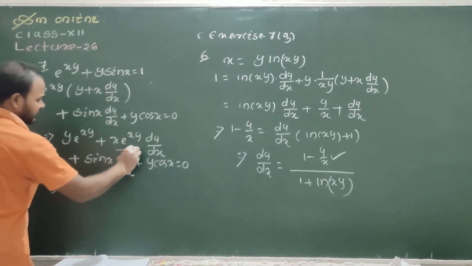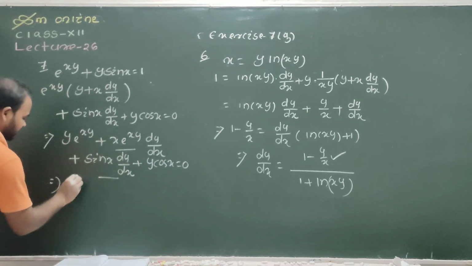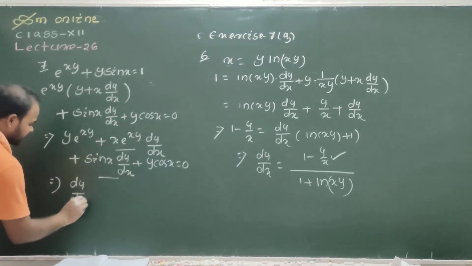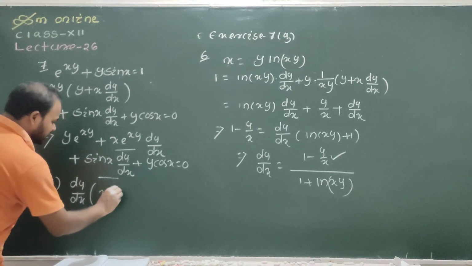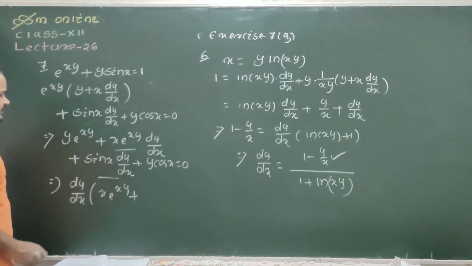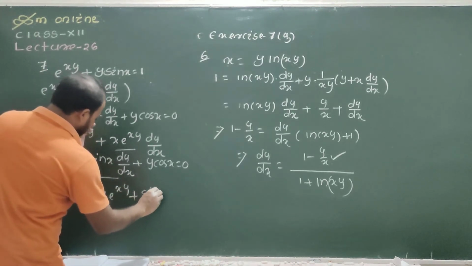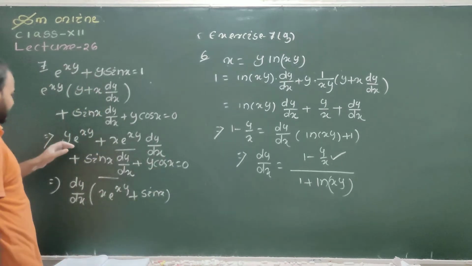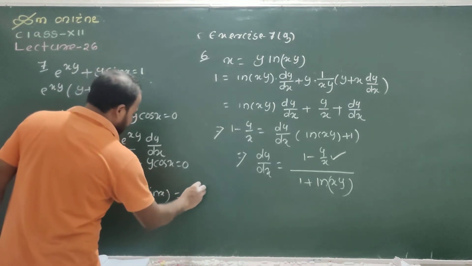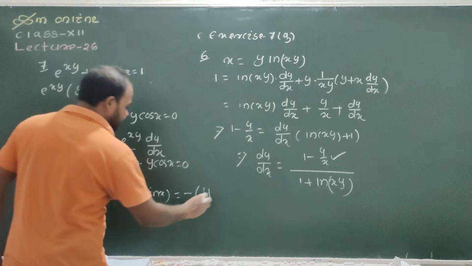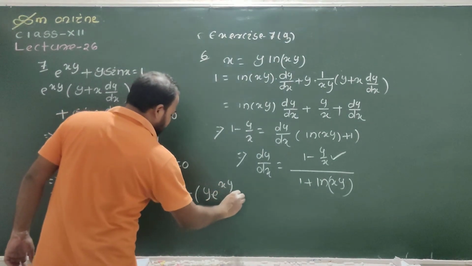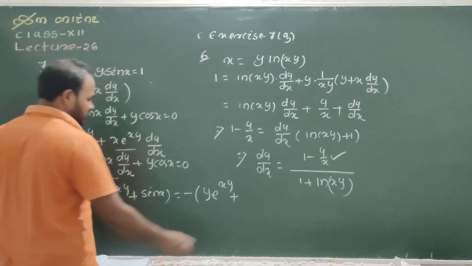Now taking dy/dx common, dy/dx into x e to the power xy plus sin x, and the remaining terms to the right-hand side, this is minus of y e to the power xy plus y cos x.